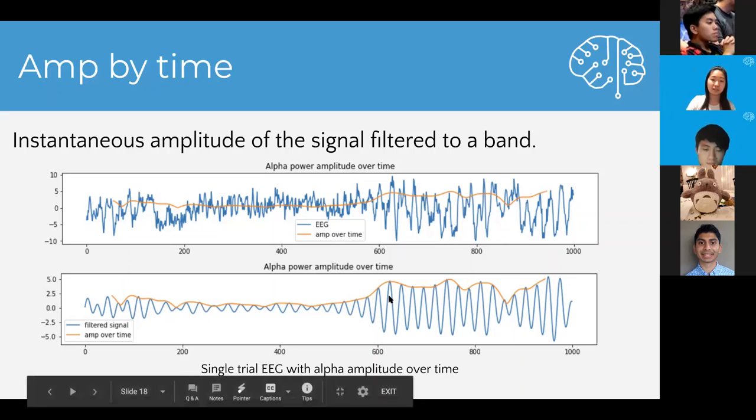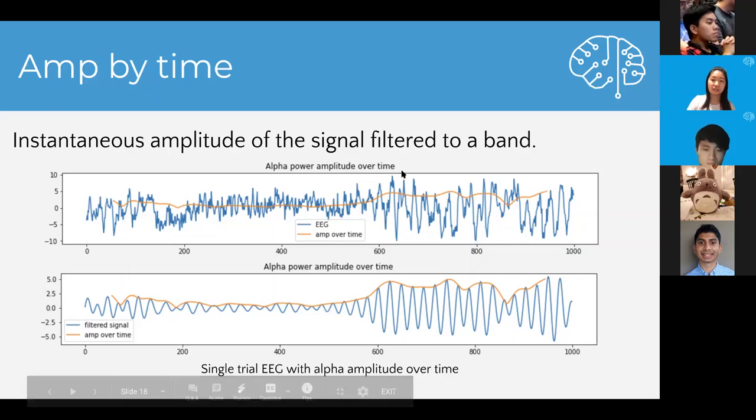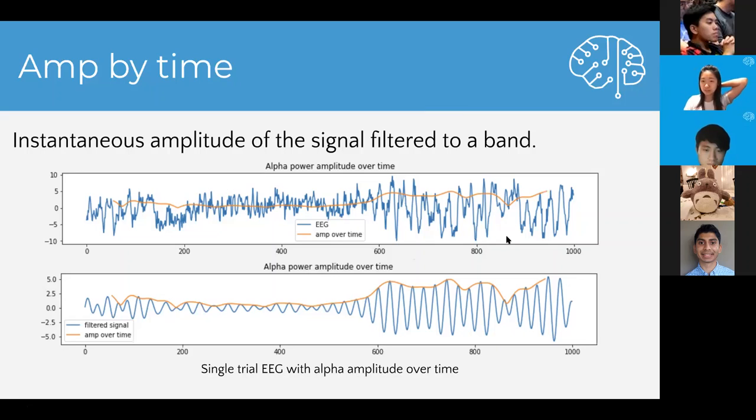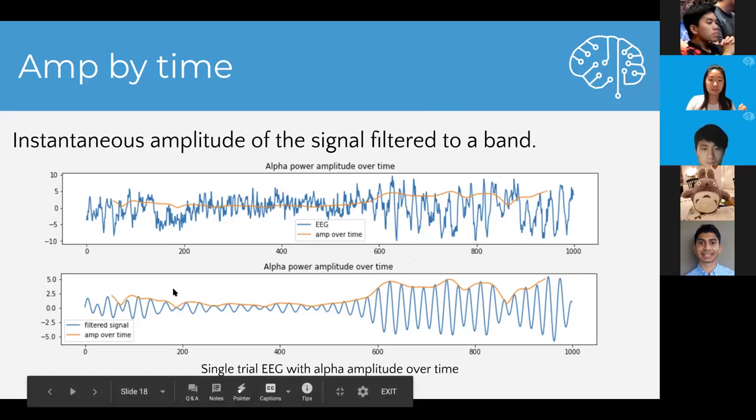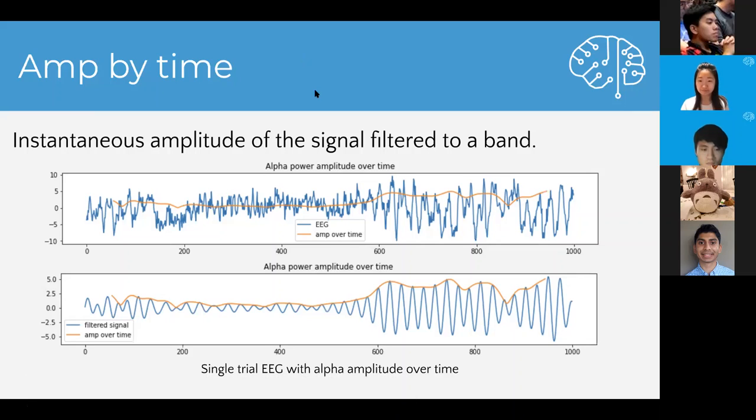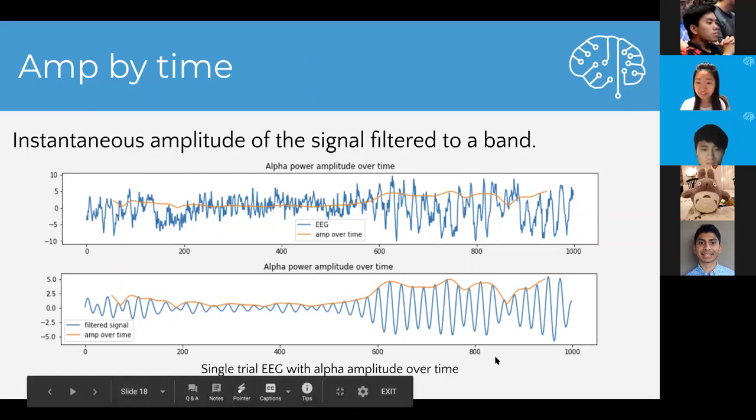If you compare it with the original EEG signal, you can see it's pretty close to how big the ups and downs are for this part. And if you imagine taking a lower frequency band versus a really high frequency band, you get different amplitudes over time. Hopefully that made sense.